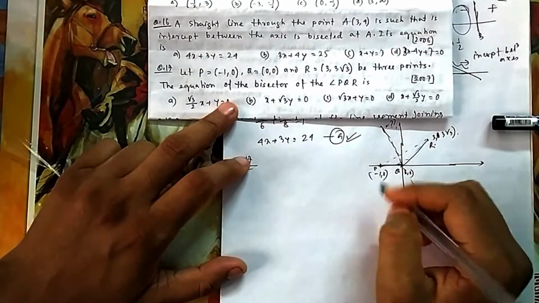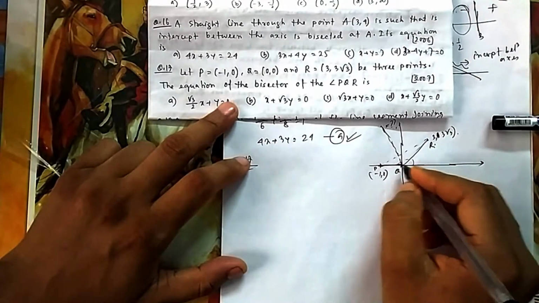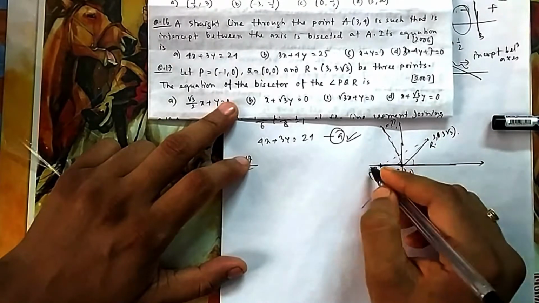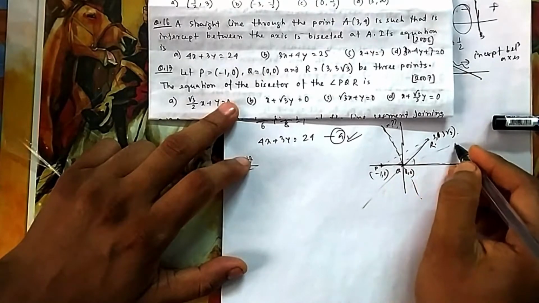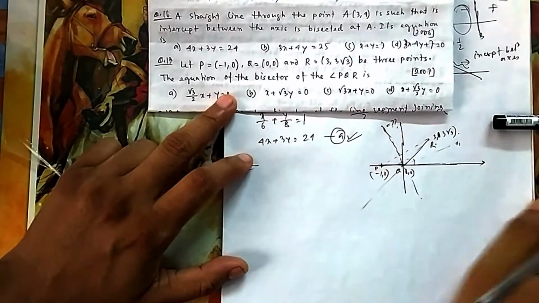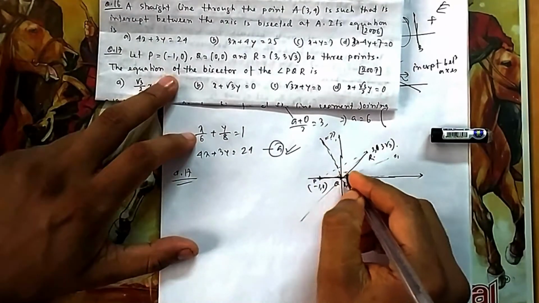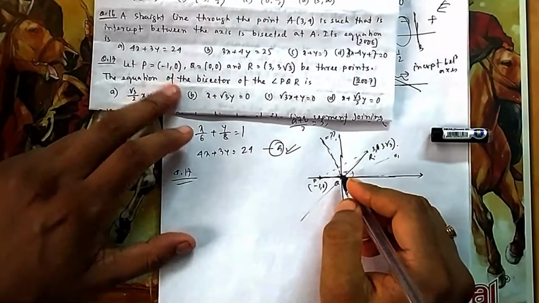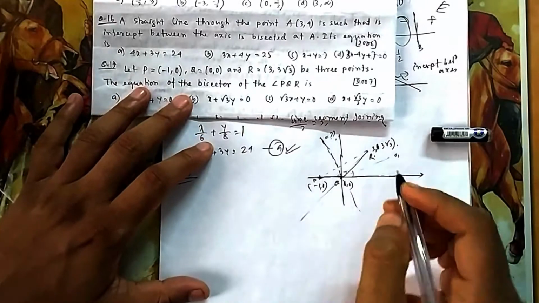Again, in angle bisector you have two angle bisectors, acute angle and obtuse angle. If you extend these lines, one bisector will be the acute angle bisector. You have to check which one is acute and which one is obtuse, because here you need the obtuse angle bisector. That's why it will be problematic and lengthy if I use the method I have discussed now.